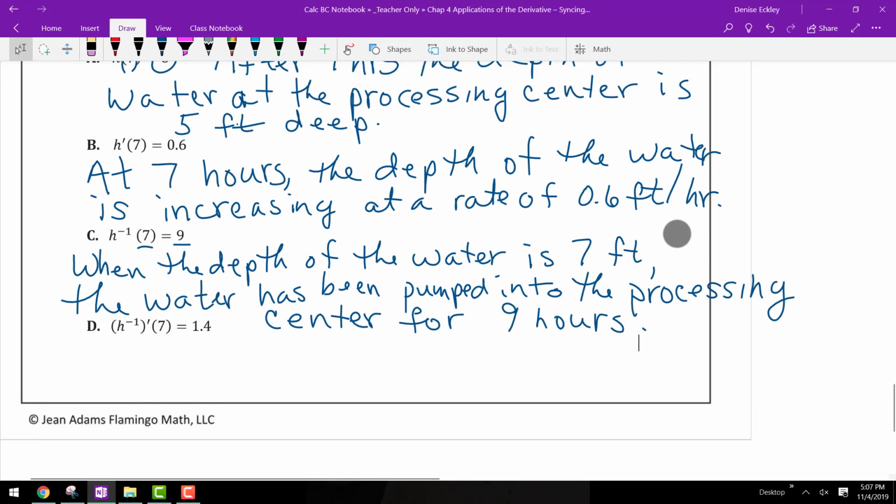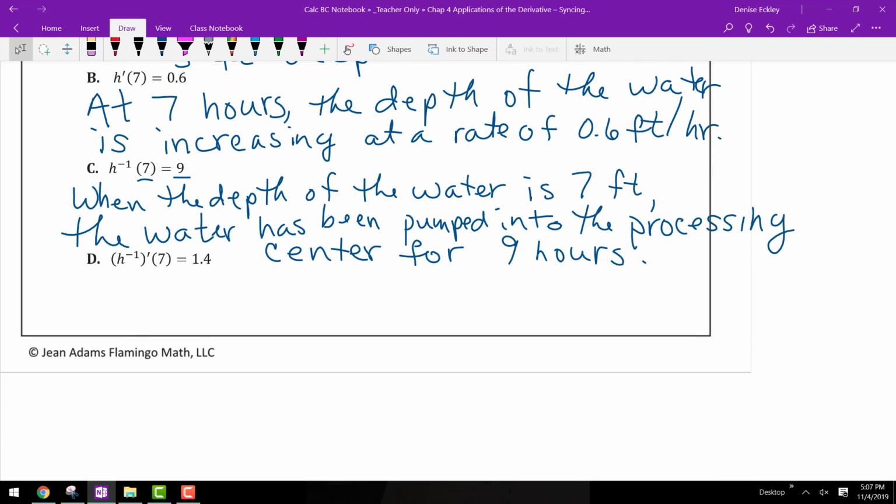And then finally, the last part, now we have the derivative of the inverse. So we're going to look at the rate in a backwards way. So we want to see that it's going to be time per foot, so to speak. So again, since it's backwards, the 1.4 is going to represent the time, and the 7 is going to represent the depth.